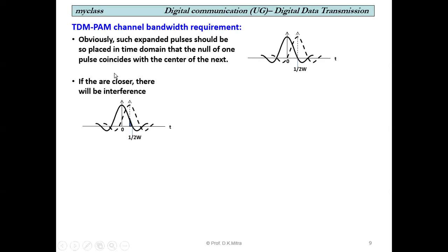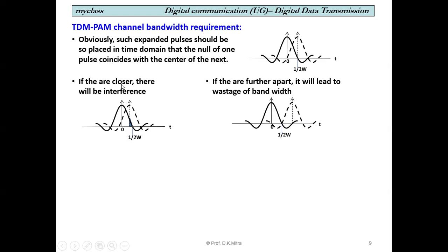Like this, if the pulses are closer, then when you are measuring the second pulse, some residue of the first pulse will also be added to your measurement, and you will have a problem. So you have to arrange it in such a way that any pulse's peak falls in the time domain on the null of the earlier pulse.